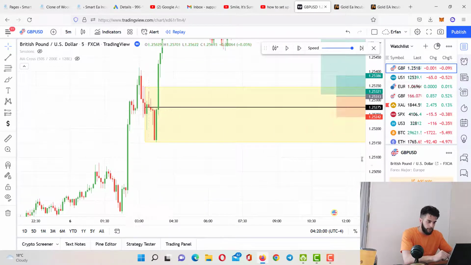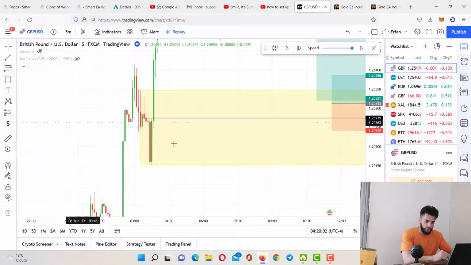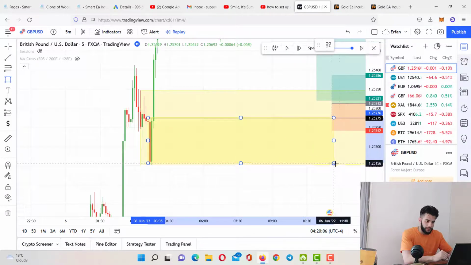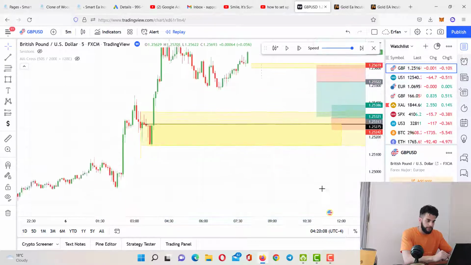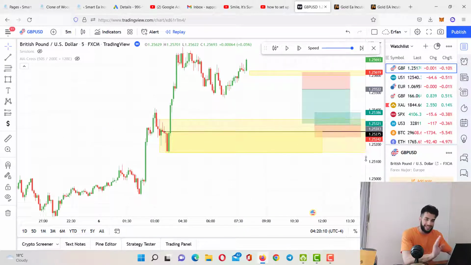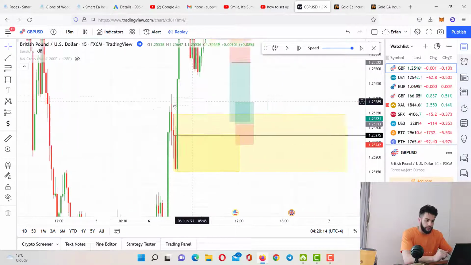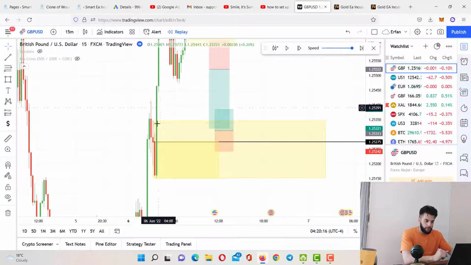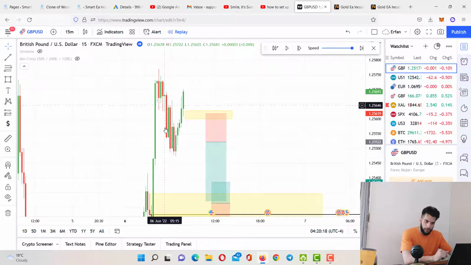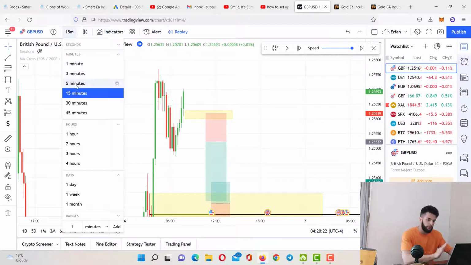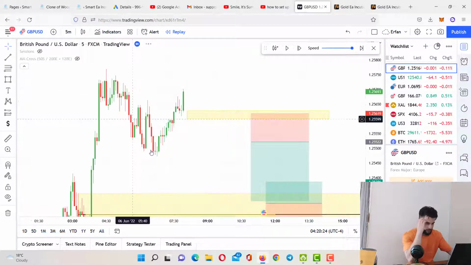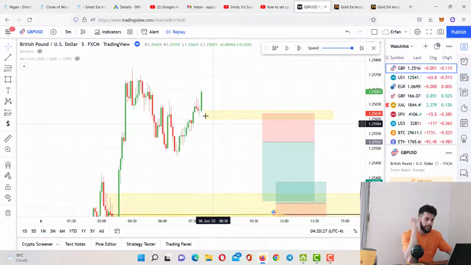If I want to show you using the rectangle, I take the last two bearish candles and draw it from here all the way to the bottom. As you can see, we have two zones inside each other, and if I switch my time frame to 15-minute, you'll see that we have a high probability demand zone right here, and there is no high probability supply zone because this one is already filled in. We could take a one-to-one trade, but it was before New York session and I wasn't trading. So this is exactly what I noticed.